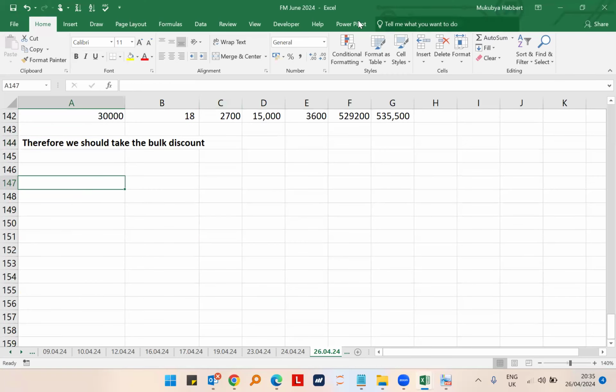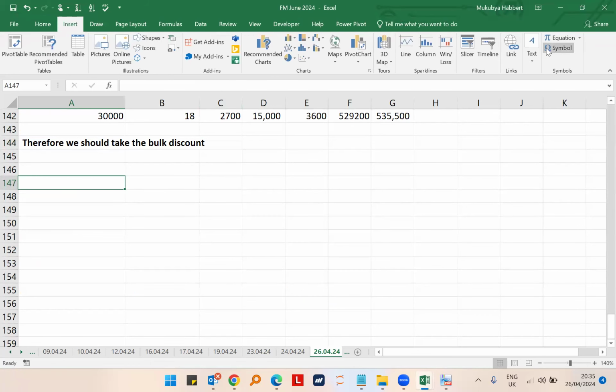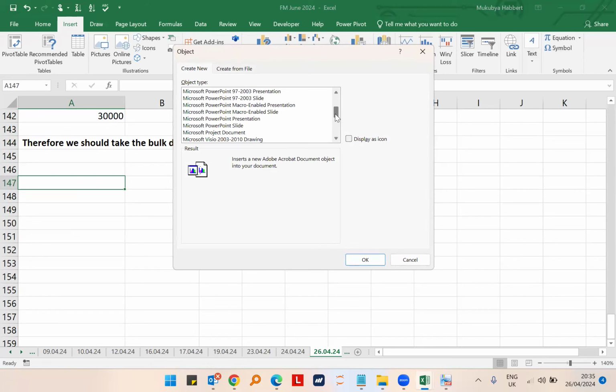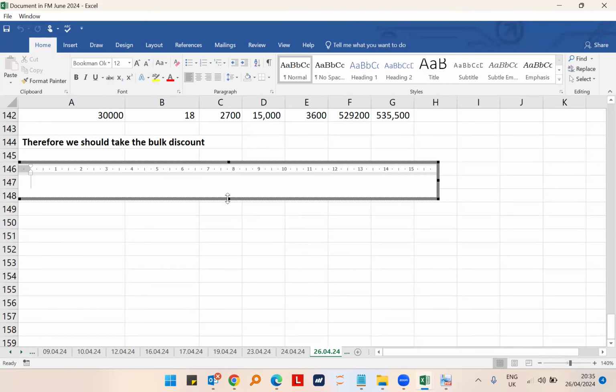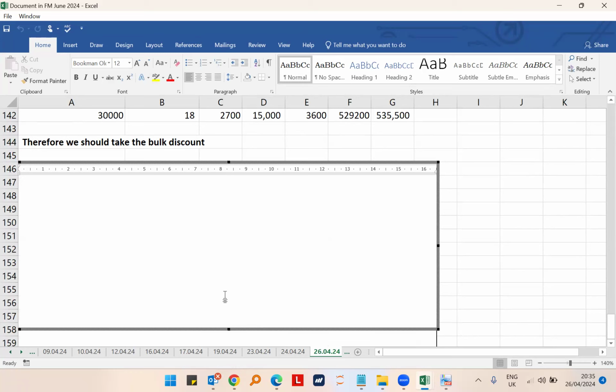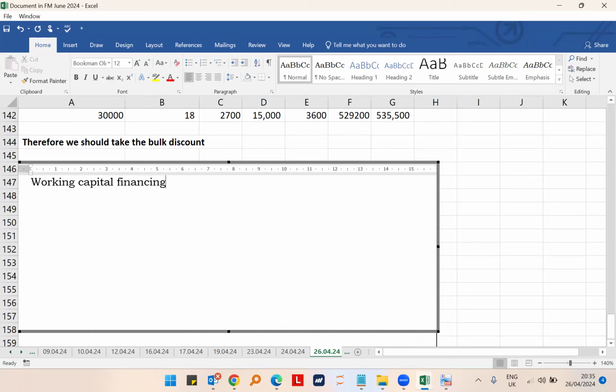So we are going to discuss working capital financing, working capital investment. Now remember, we are looking at similarities and differences.